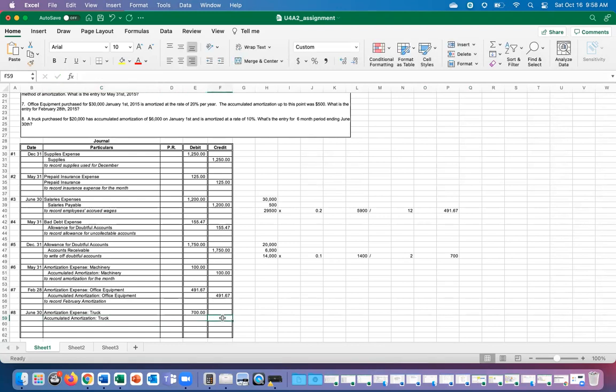And over the next 6 months, or the last 6 months, we lost $700 on this thing. And we will indent that. And then again, just our last line explaining what this transaction is, to record 6 months amortization.